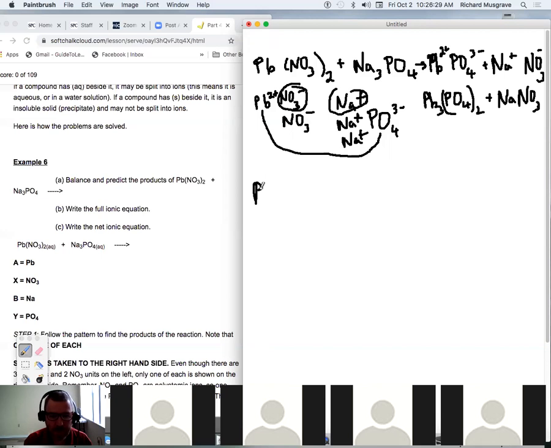Now that's not quite balanced yet. We balance the compounds and then balance the reaction. It's always the way we're going to do this.